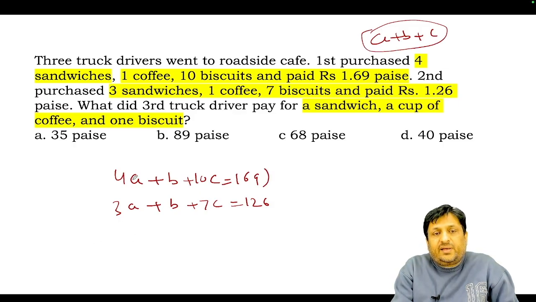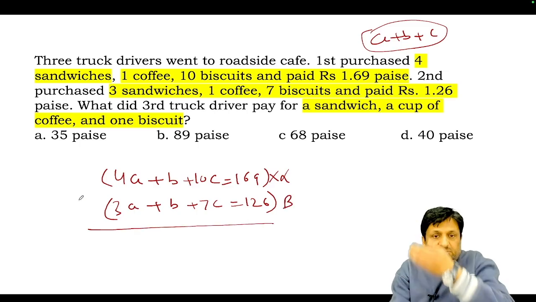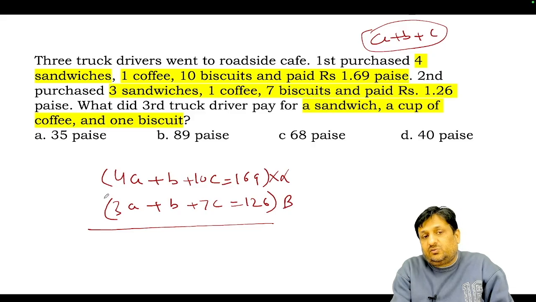I will multiply the first equation by, let's say, alpha, and the second equation by beta, and subtract the second equation from the first equation. What will I get? The coefficient of a will be 4 alpha minus 3 beta, and I want that coefficient of a to be 1.